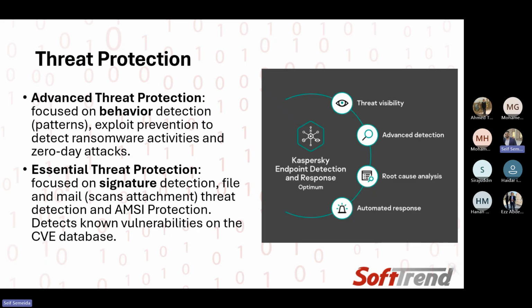In the future, if there's anything abnormal happening on this device, it scans and checks if there's any malicious code running on the device. It's also used to detect any ransomware activities or potential zero-day attacks.